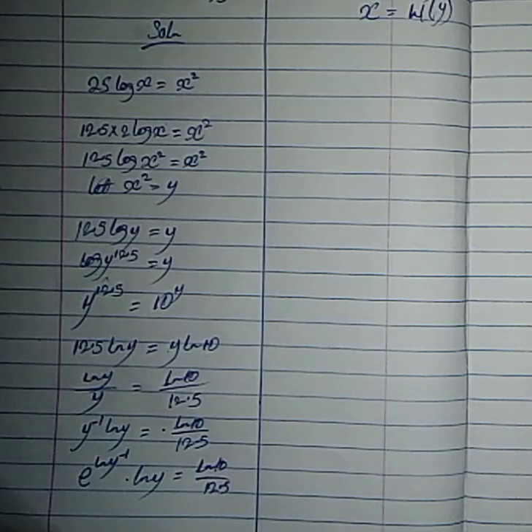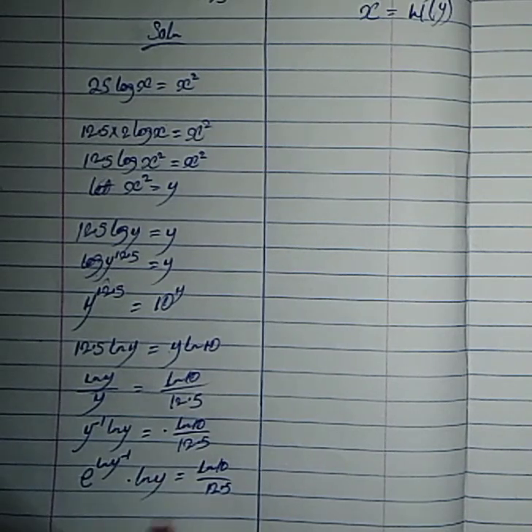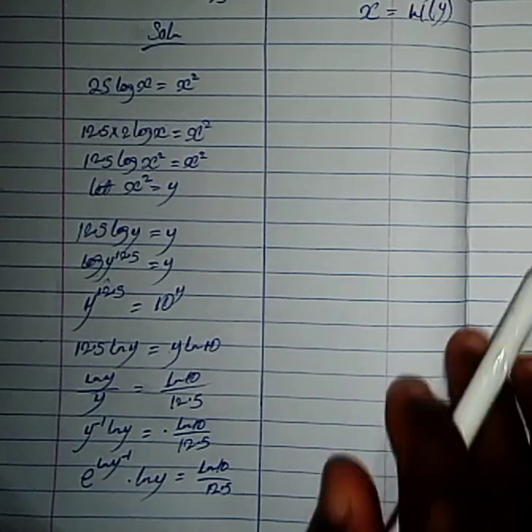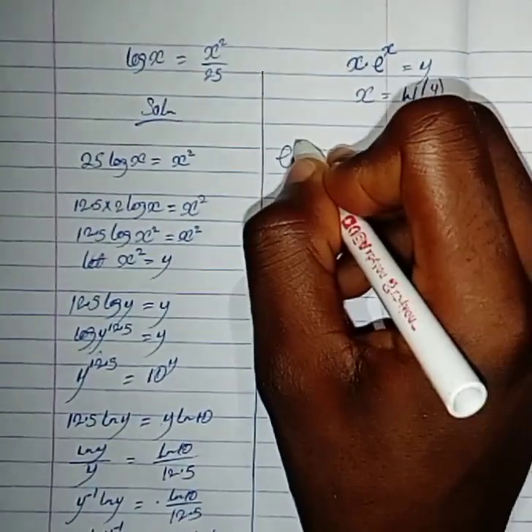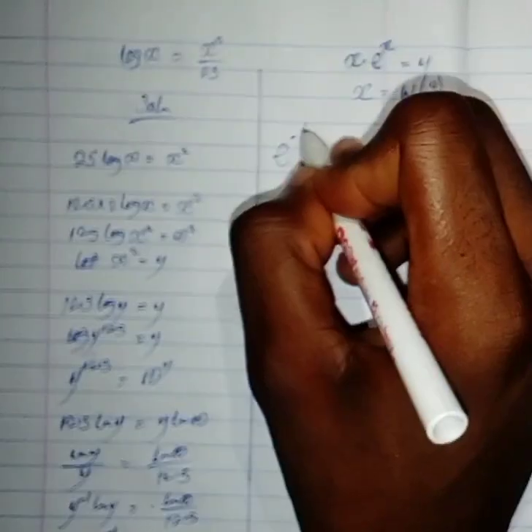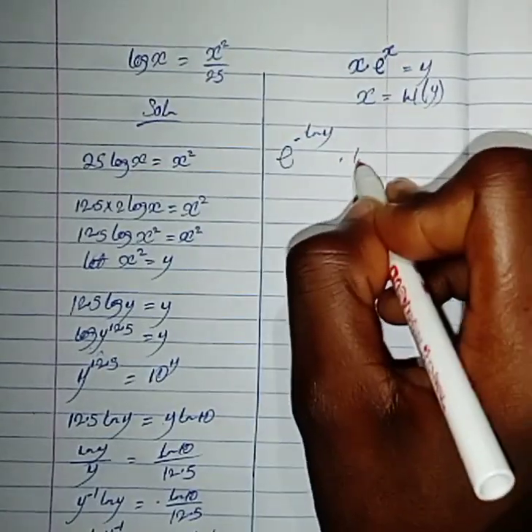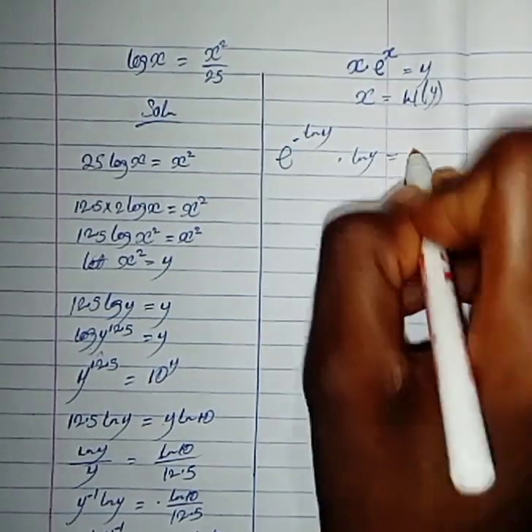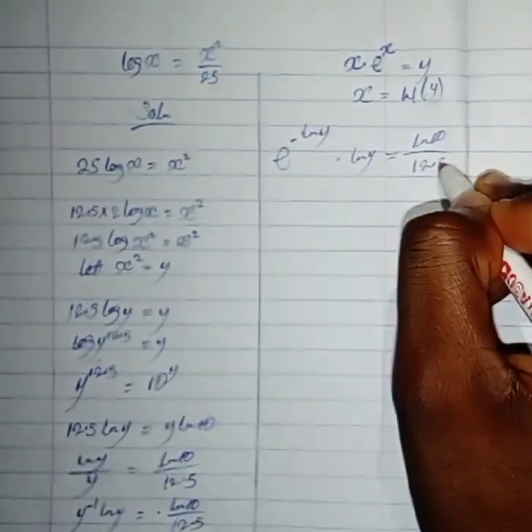I can actually take this to the back as well. So I have e raised to the power of negative ln y, times ln y, equals ln 10 over 12.5.